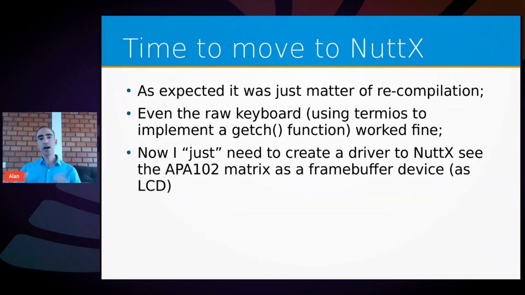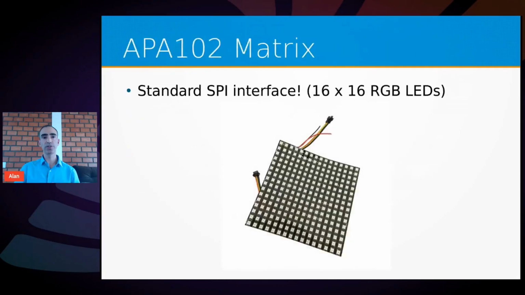The next step after getting the game working in text mode was to integrate the interface with the graphical LCD. But my idea was not to use an LCD; instead I was planning to use this RGB APA102 matrix, which is a standard SPI RGB LED.